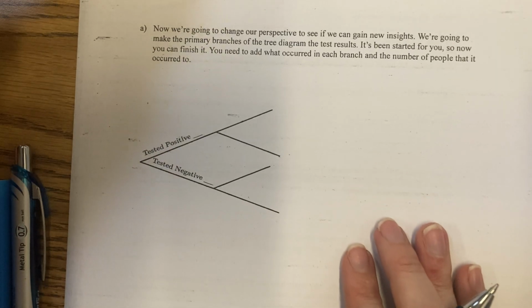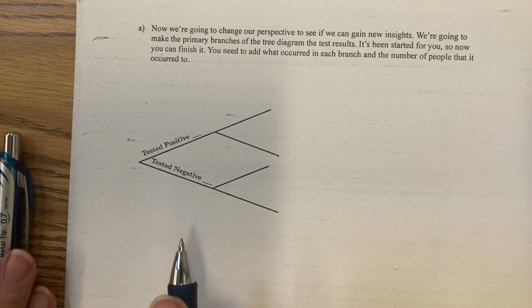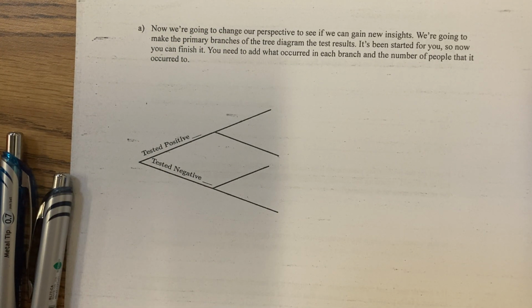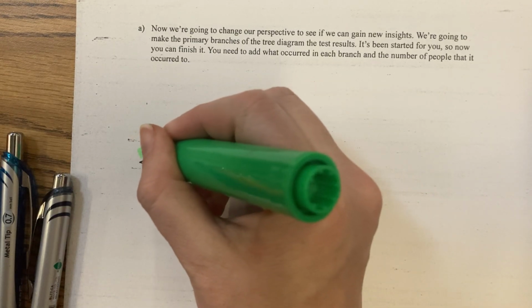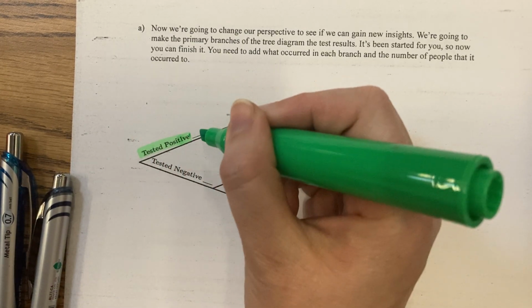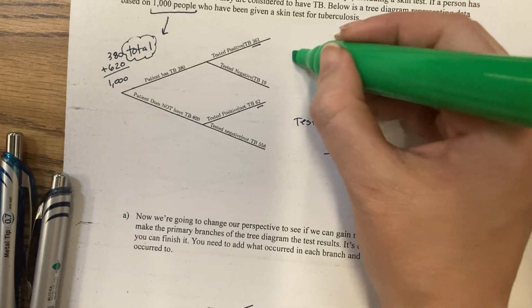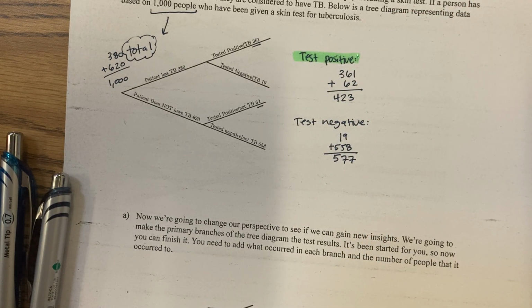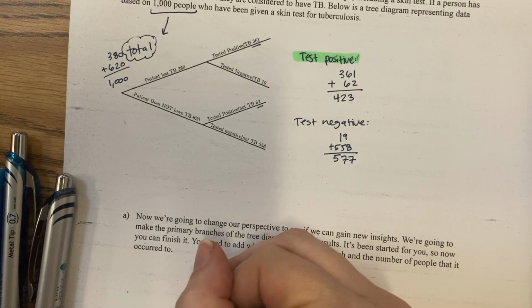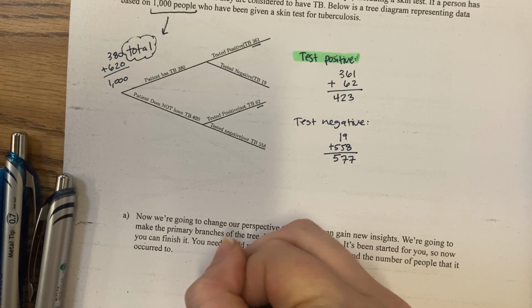When I redo my tree diagram, it wants how many tested positive. Tested positive would be 423.